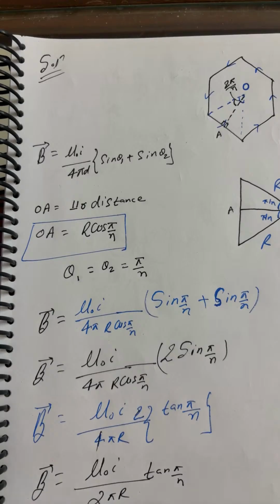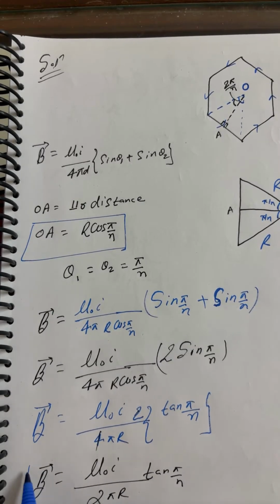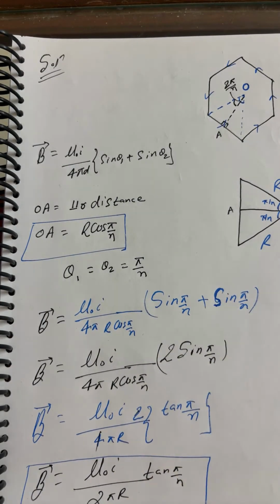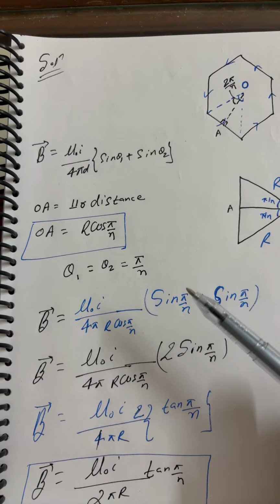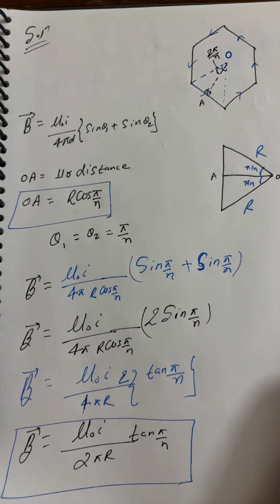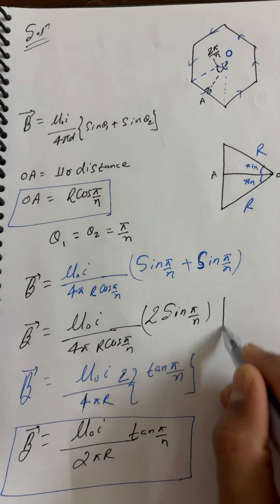Right, but this is the result for one wire, and we wish to find it for the entire wire. So due to the whole polygon, the magnetic field at center O: I'm writing the entire answer in this box.